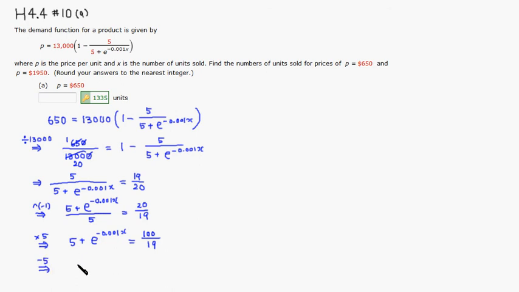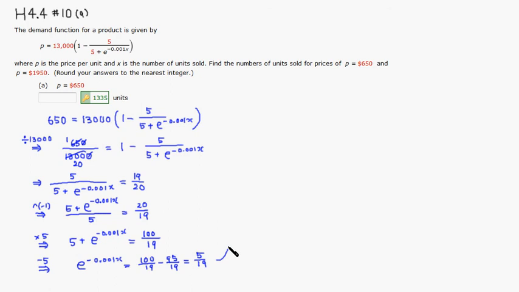So we get e to the negative 0.001x is equal to 100 over 19 minus 5. 5 is the same thing as 95 over 19. So it's going to be 5 over 19.